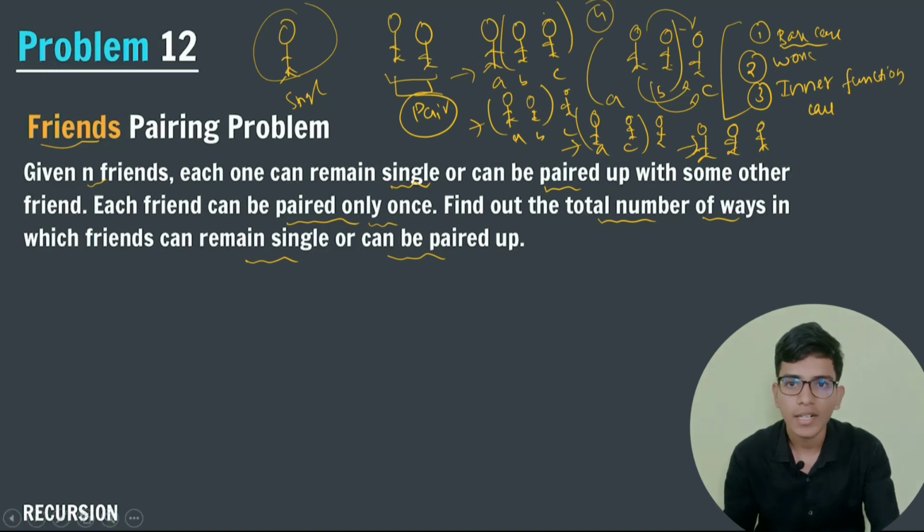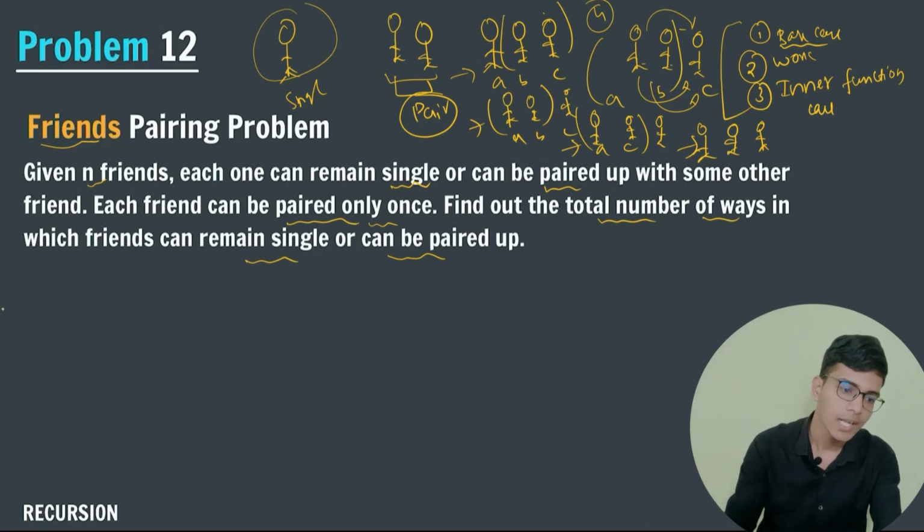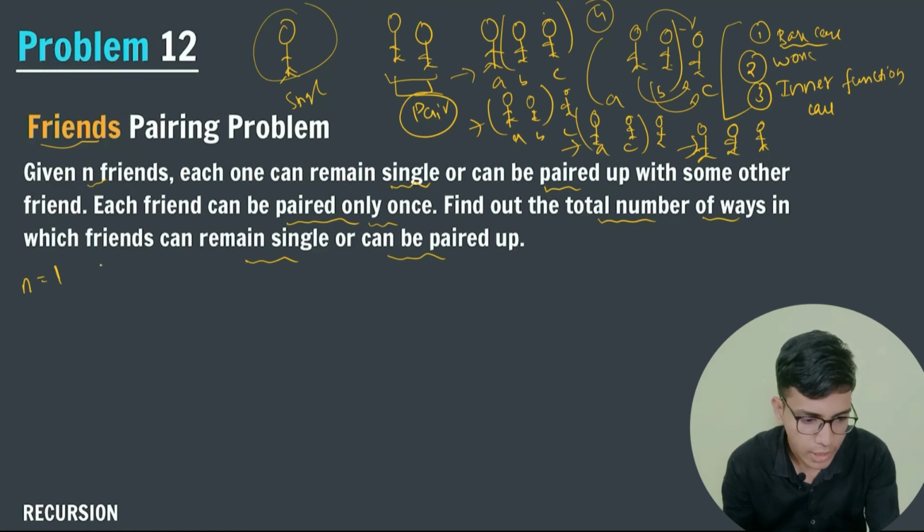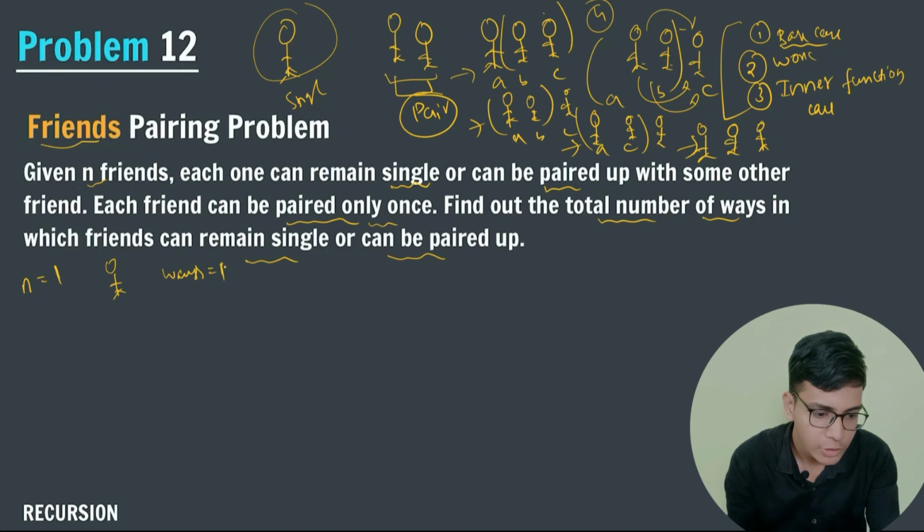To find out the base case, let us take the example that n is equal to 1. For n equal to 1, there is only one friend, so the number of ways is 1, he will remain single. For n equal to 2, the two persons can remain single, right?